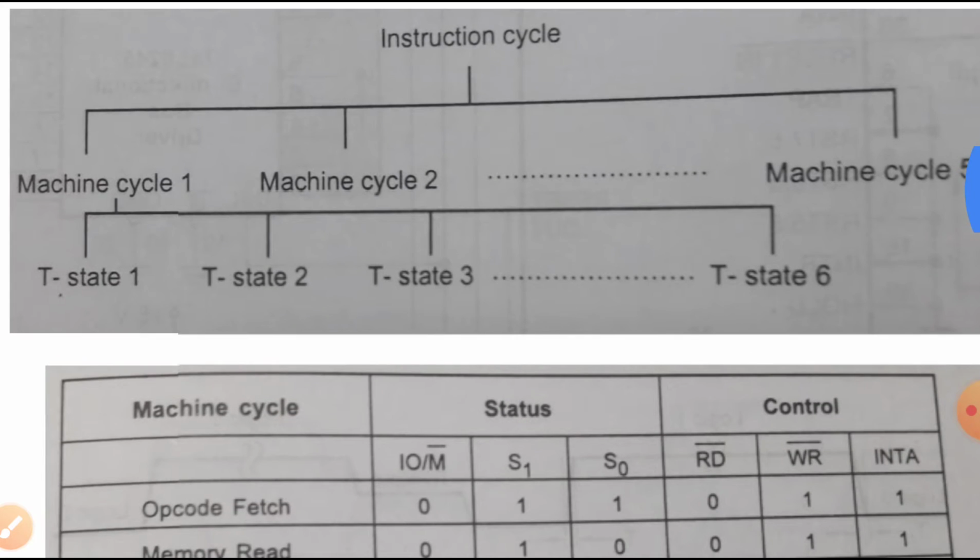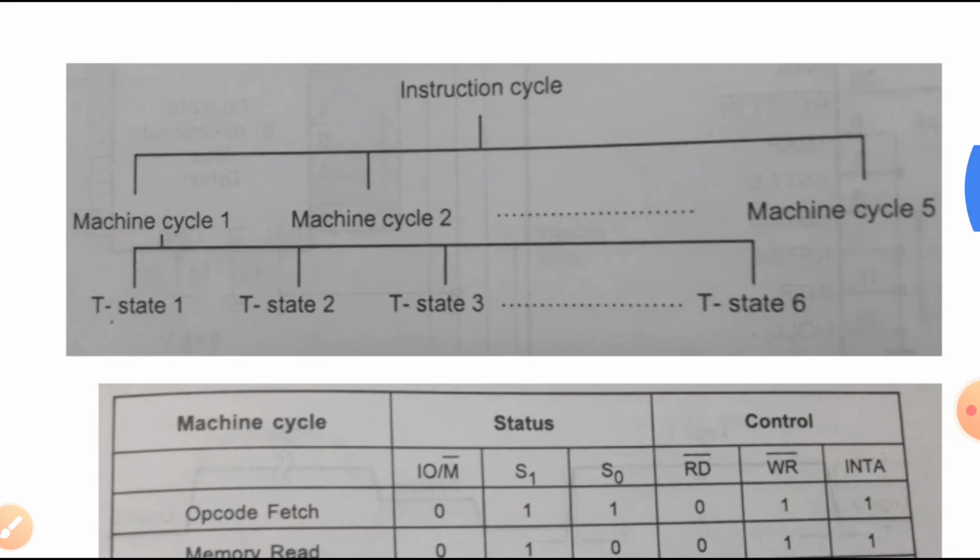For example, whenever the processor is going to execute any instruction, it fetches that instruction, decodes it as well as executes it. This fetching, decoding and execution of the instruction constitutes the instruction cycle, and for that particular instruction cycle, it requires many trips to the input output device or the memory device, which is measured in terms of the machine cycle.